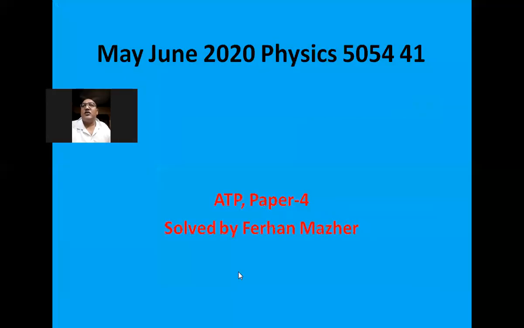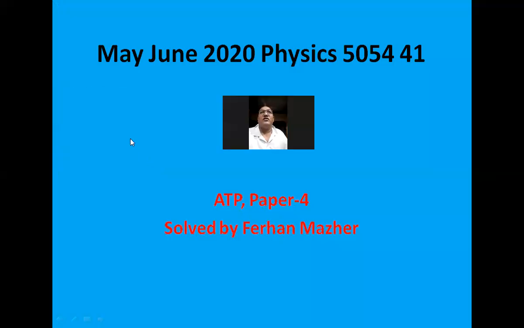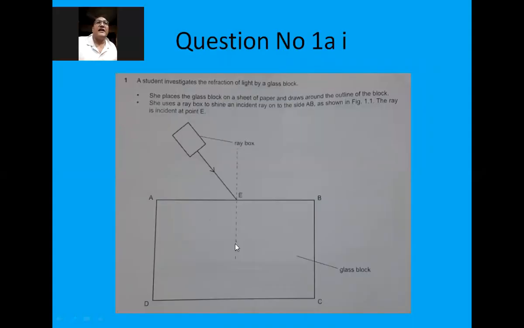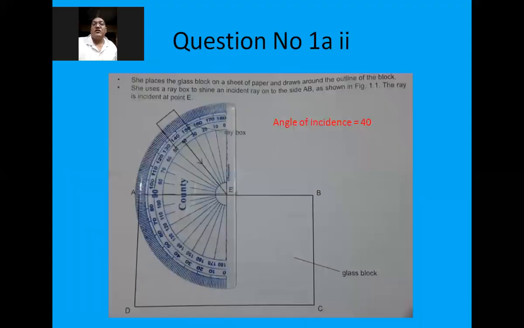You can see that here I have drawn that normal. In the second part, he says, measure and record the angle of incidence i. This is how you will place the protractor.